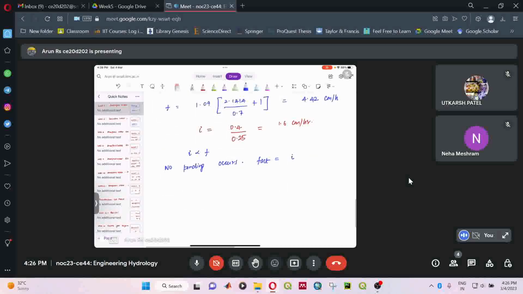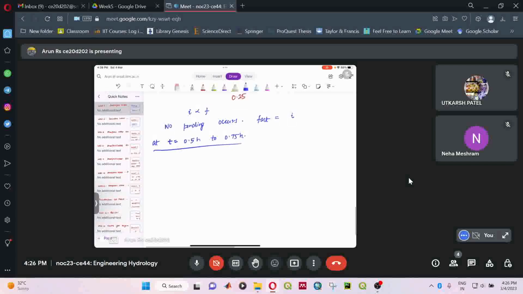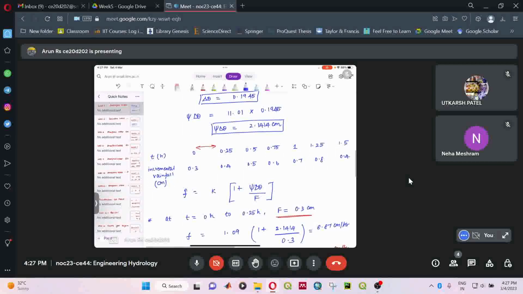That is t equal to 0.5 hours to 0.75 hours. Here we'll calculate again. F is equal to the previous time step F, which was 0.7, plus the next rainfall of 0.5.